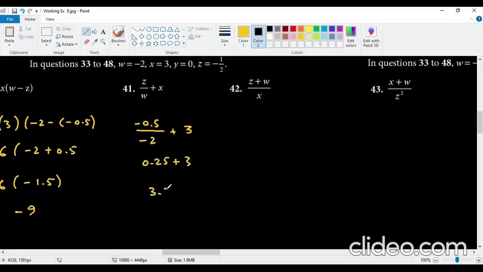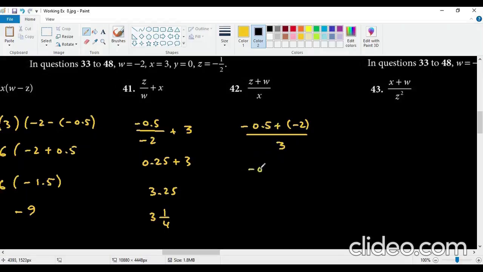So 3.25 is going to be your answer for question number 41. Or you can say 3 whole 1 over 4, both are the same. Now comes question number 42, and here the z value is negative 0.5 plus w is negative 2, and the value of x is given as 3.